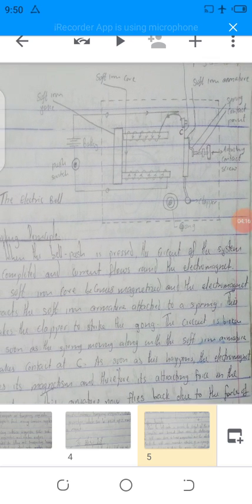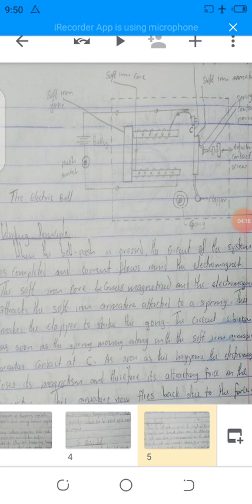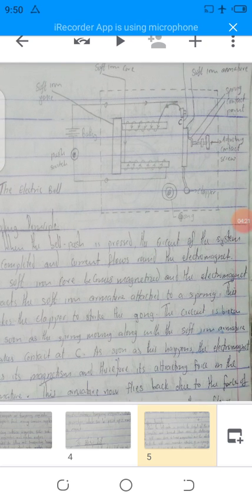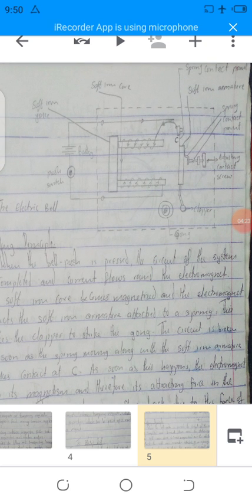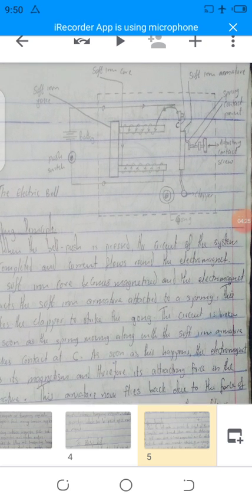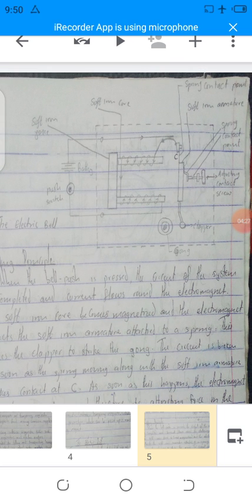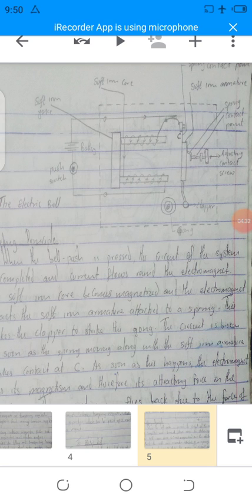We wind wire around these two soft iron cores in order to produce a solenoid. Once wire is wound around the soft iron cores, they become magnets as soon as the current is switched on.